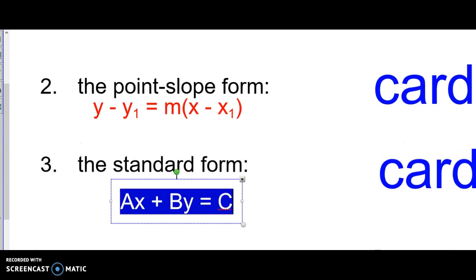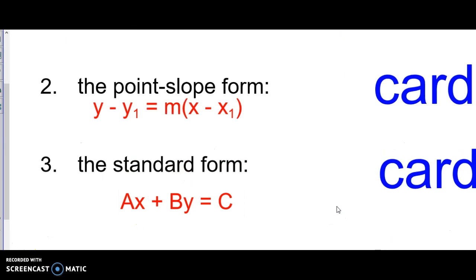I'd like you to also make a card for the standard form of a line. Now, this isn't one that we are going to be using as much. You'll just see that you'll have equations given this way, and then you'll have to reorganize them so that you can use them to graph. So that might be something like 3x plus 4y equals 10.